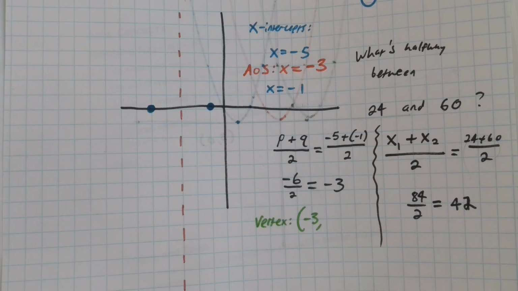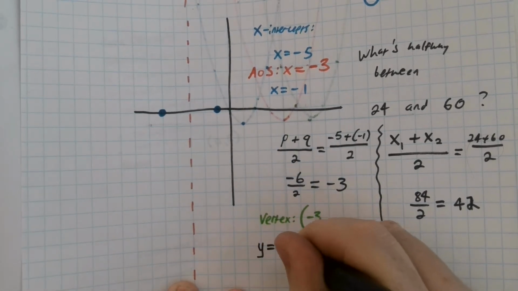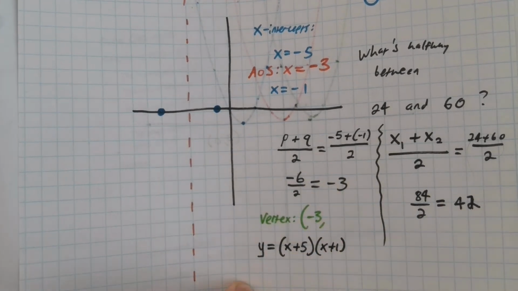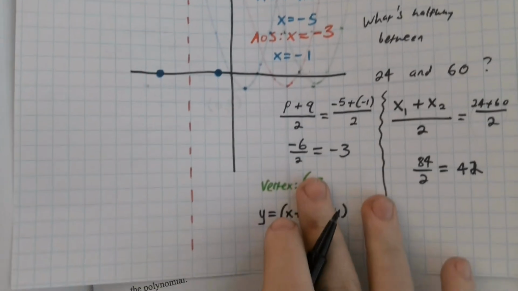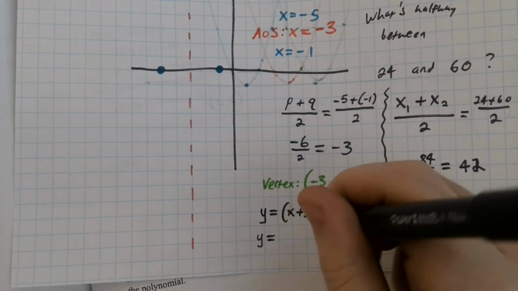It turns out the answer is a resounding absolutely. As a reminder, our equation is y equals x plus 5 times x plus 1. Well, if we know our x is -3, let's plug in -3 and see what we get.